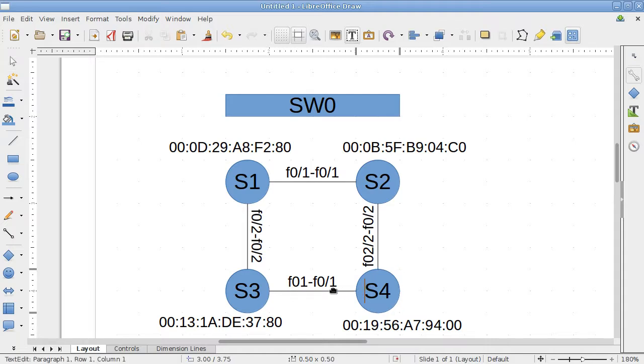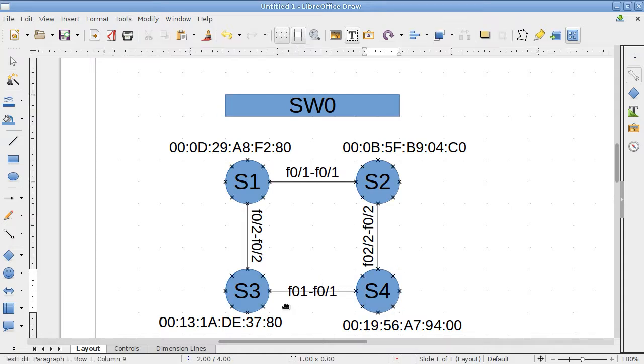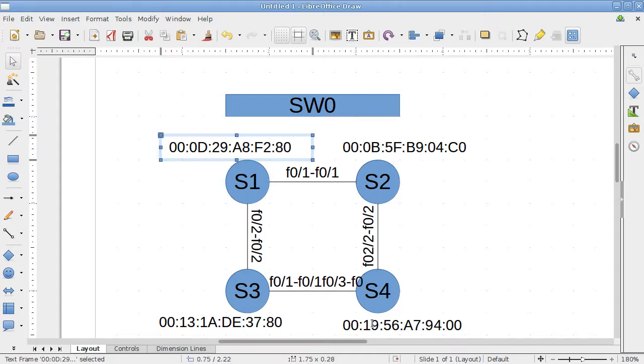So I wonder what would happen if we had two connections, say between these two. Say we also decided to add F03. So we already know that this guy is the root bridge right now.